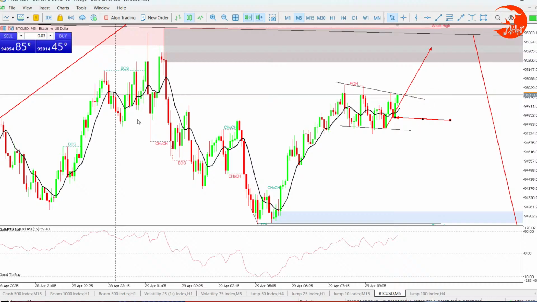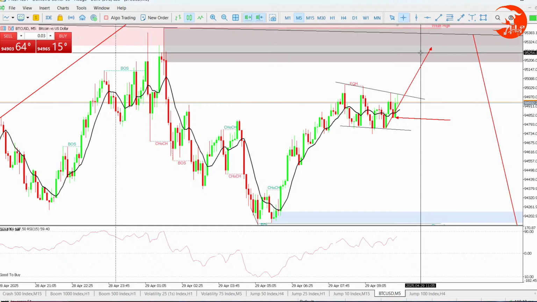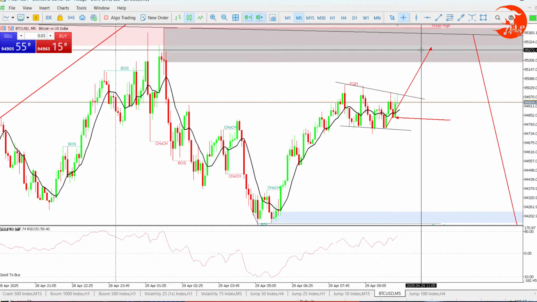So those who have some good accounts, they can in fact enter right here, put their stop losses just below this level where I have my arrow there, and then look at your profits, look at your TP right about there, around 95k, around 95,200.